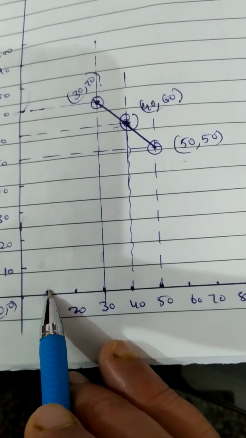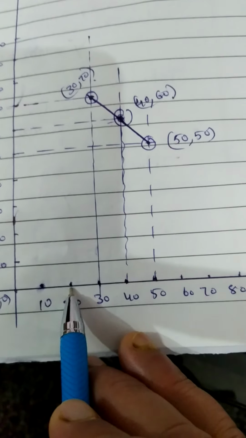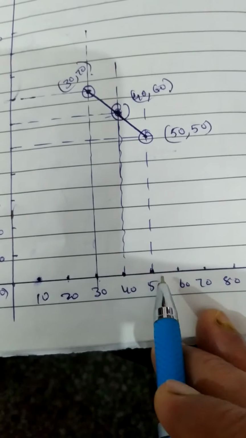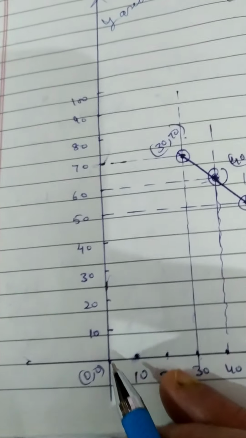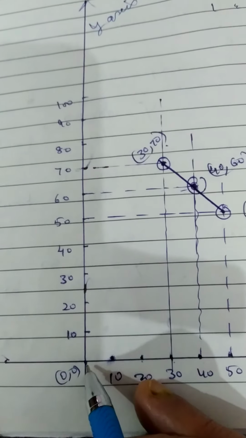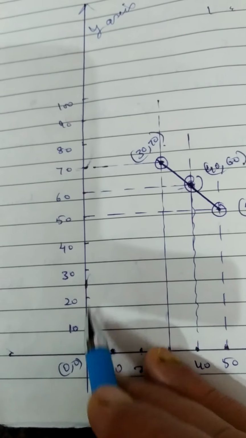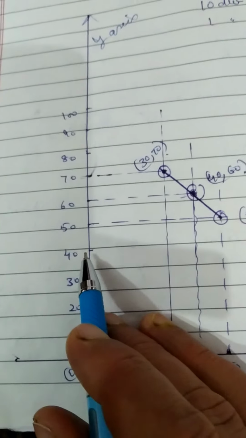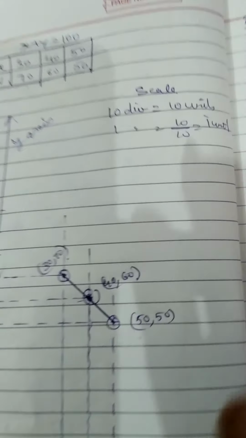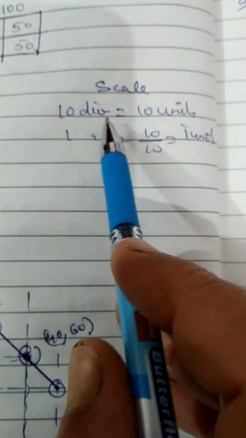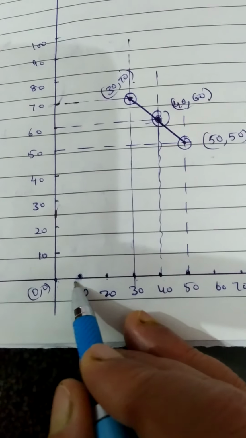First 10 divisions are equal to 10, next 10, 20, next 10, 30, 40, 50, 60. In this way we have taken the points of the graph. Similarly on the y-axis, first 10 divisions 10, next 10, 20, next 10, 30, next 10, 40. Then the scale will be 10 divisions equal to 10 units, because here 10 small divisions are equal to 10.